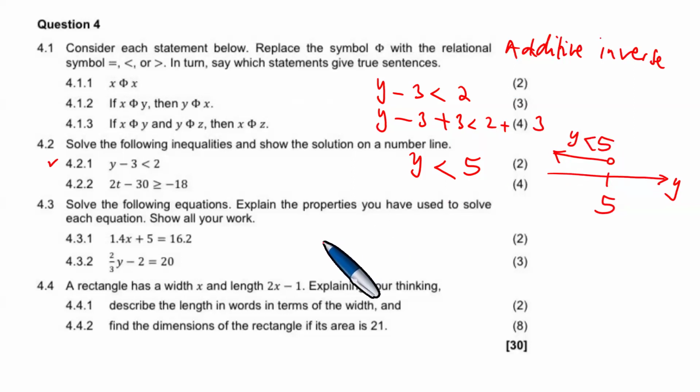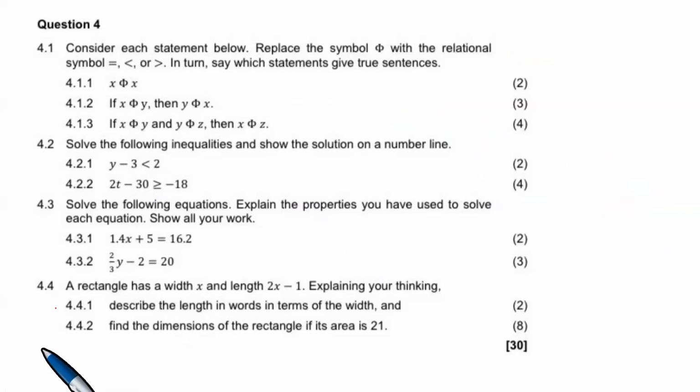So we are done then with this particular problem. Because the question said solve the following inequalities and show the solution on a number line, and we have shown this on a number line there. Okay, next question. So we continue right now to do the next question.